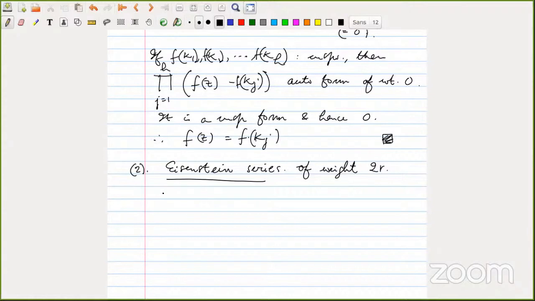So what is the idea behind this, and why do we say that these are the first examples? It is because of the following.